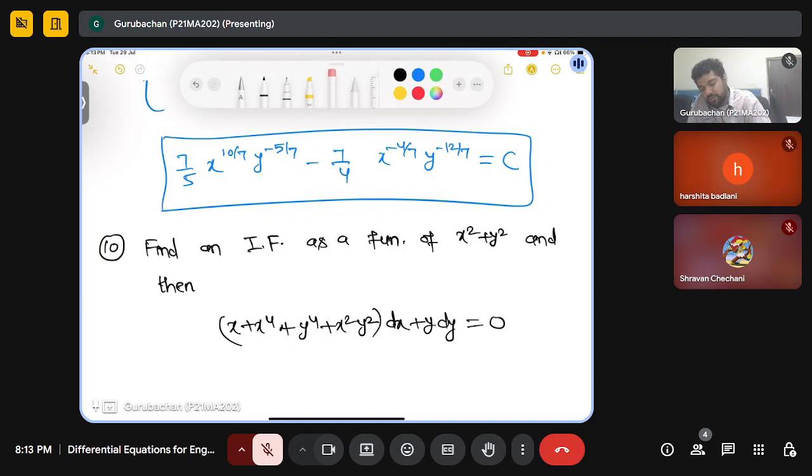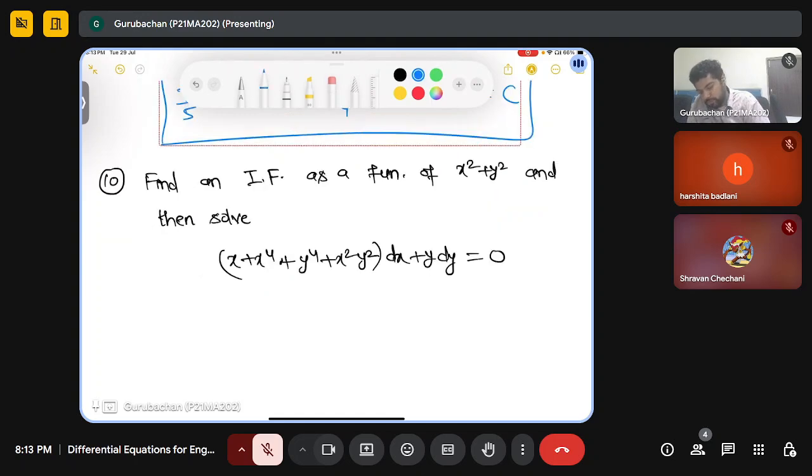So we have been given a general integrating factor form. If you try to recall the general integrating factor, we have a formula. Suppose mu is an integrating factor, here mu is a function of v, which is nothing but x square plus y square.